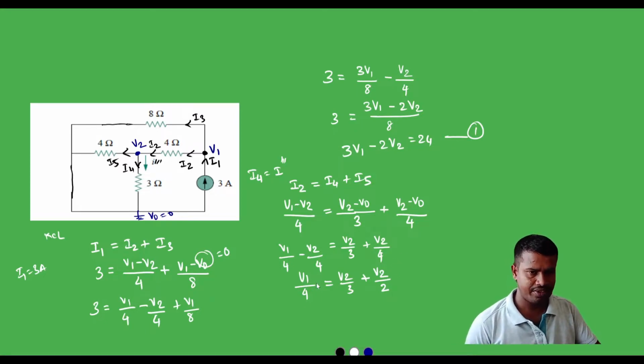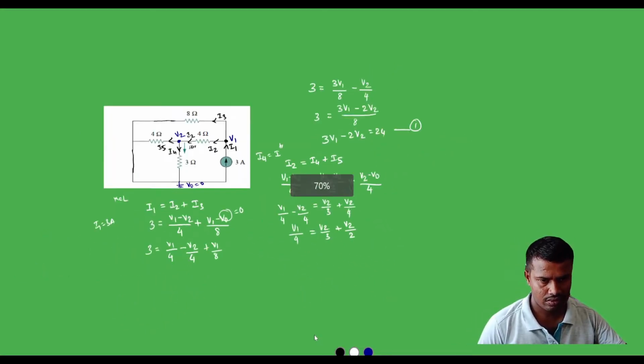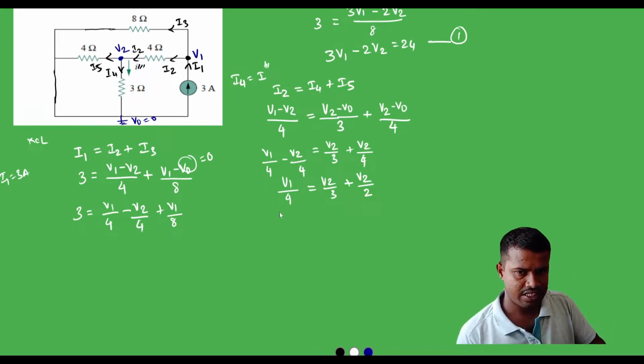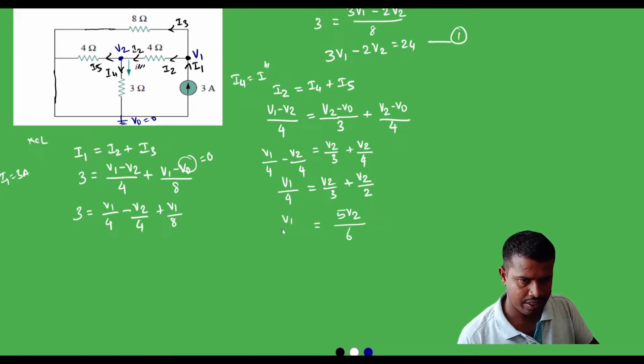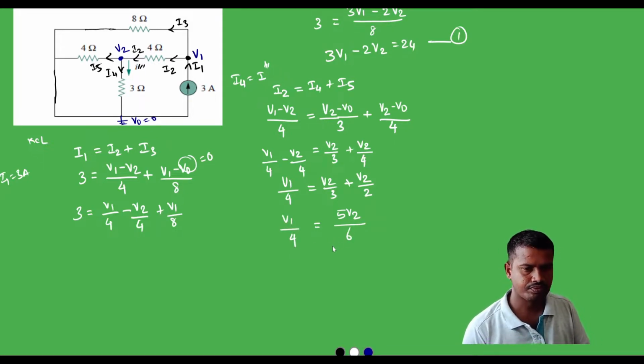On further simplification, it will become 5V2 divided by 6, equal to V1 by 4.